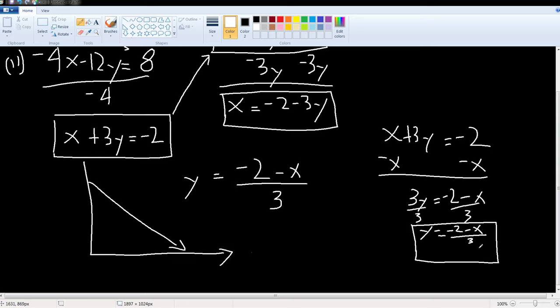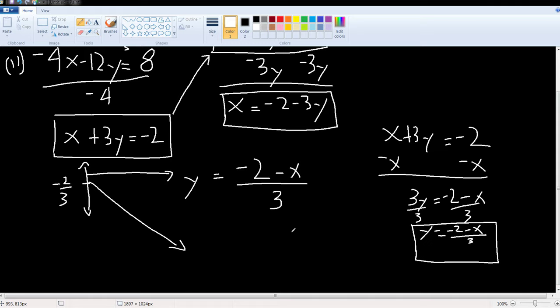The slope is -x over 3, and the y-intercept is -2 over 3.